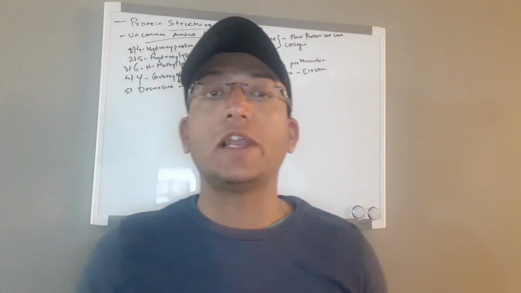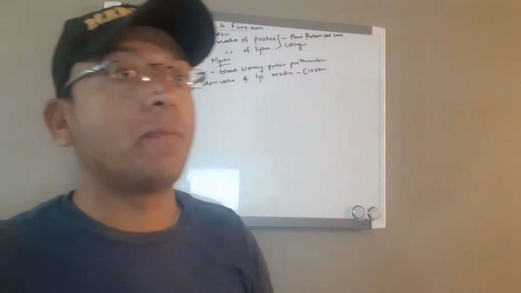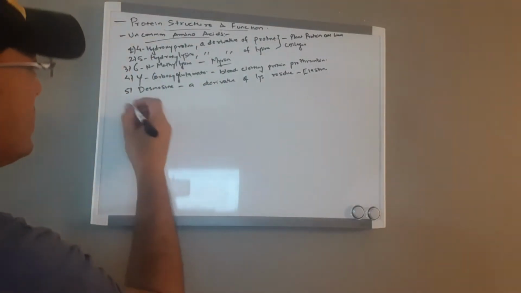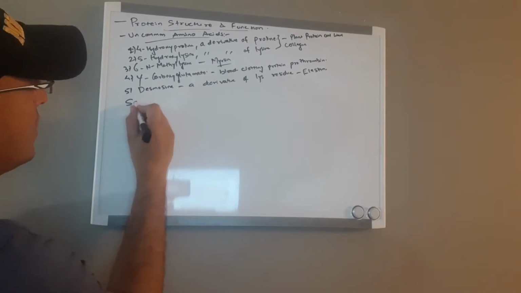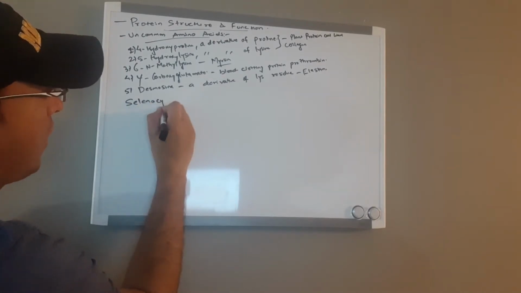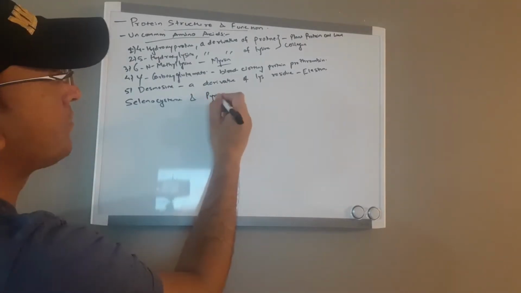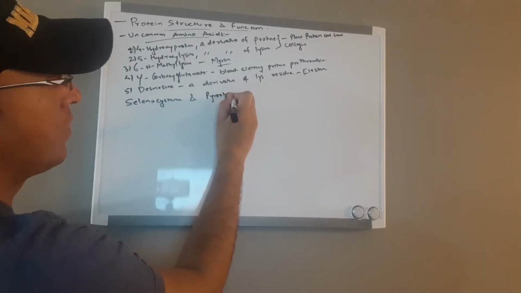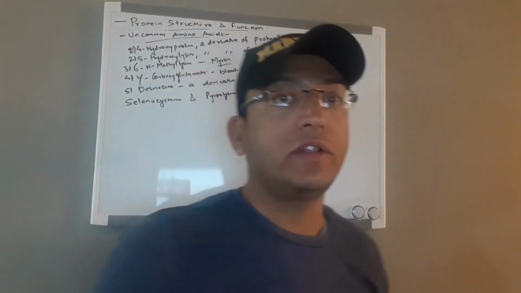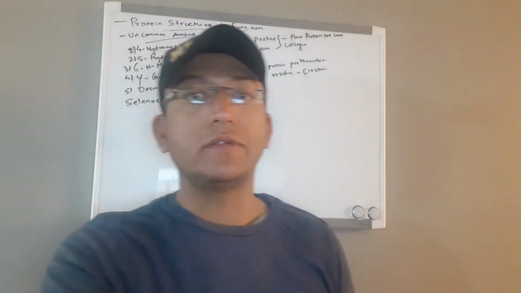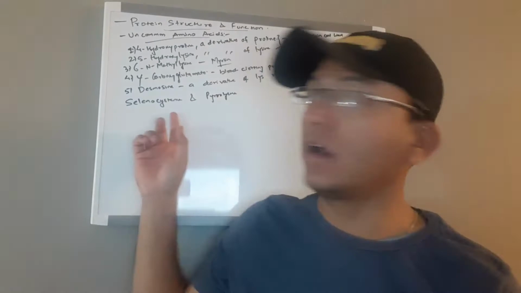There are some special cases as well, like selenocysteine or pyrrolysine. Some special cases. Pyrrolysine. All right, these are the rare amino acids. Why are they rare?